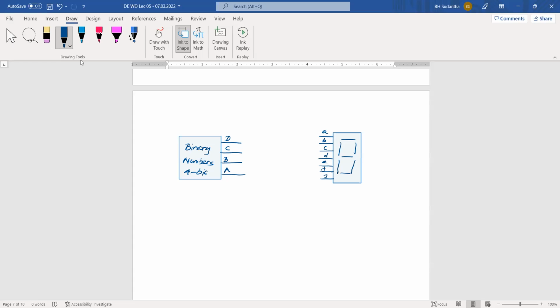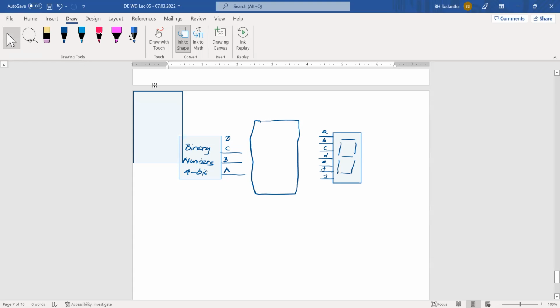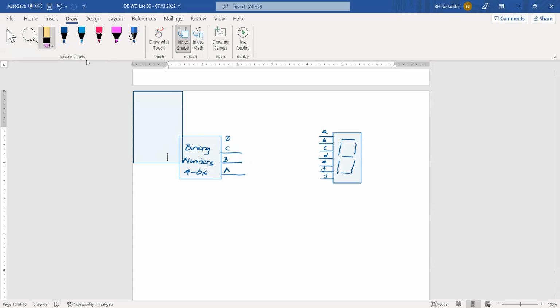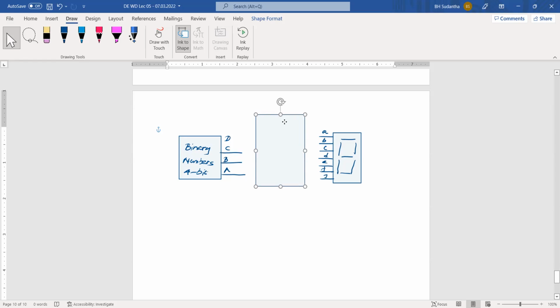Now we need a kind of circuit in between these two modules, to take this binary code as input and to generate this 7 segment display understandable code as output.